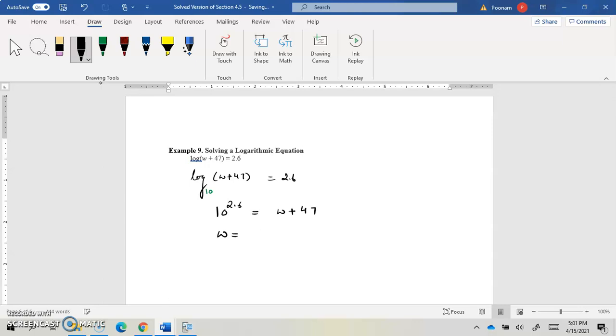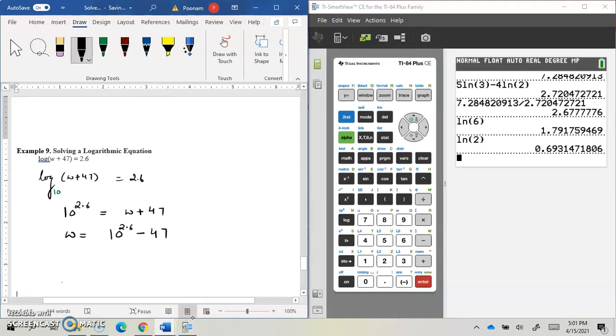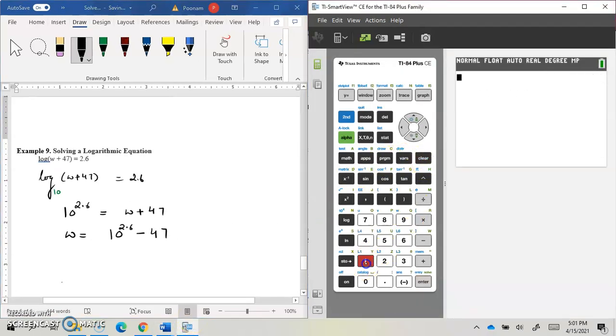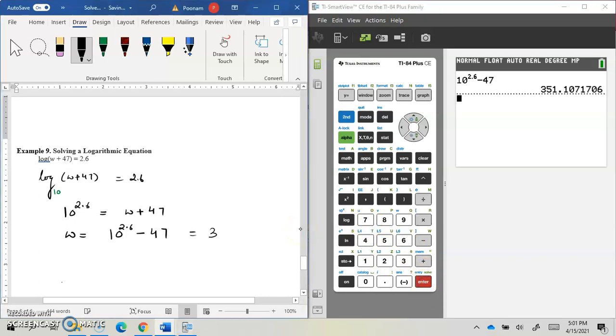So W should be equal to 10 raised to power 2.6 minus 47. We can use our calculators to do that calculation. 10 raised to power 2.6 minus 47 is 351.11 rounded off. So that is your solution to the problem.